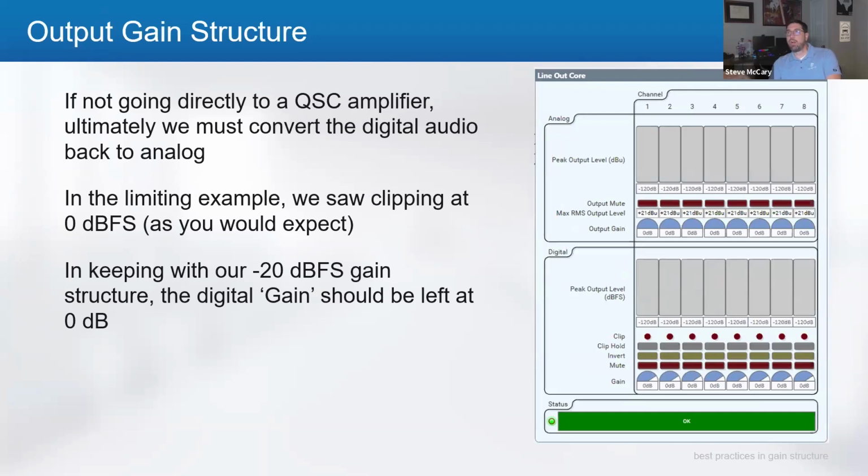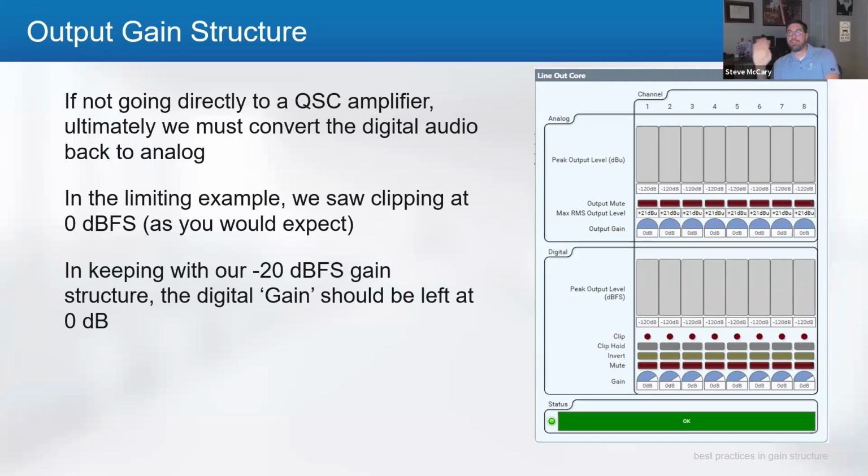However, if we are still using our analog, we want to make sure that we stay away from our 0 dBFS. We don't want to just be cramming 0 dBFS out of the output. So you can use this on the line out.